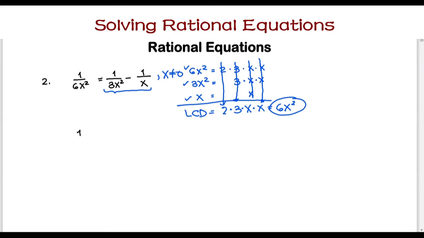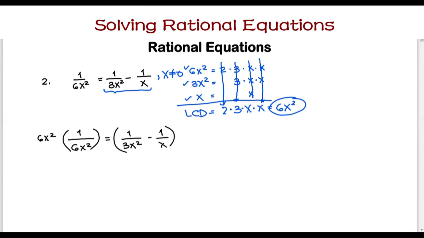Yan ang i-multiply natin to both sides of the equation. Let's do that. 1 over 6x squared, I-multiply ko ito by the LCD. So, the LCD is 6x squared. Equals, ito yung nasa other side, you have 1 over 3x squared minus 1 over x.